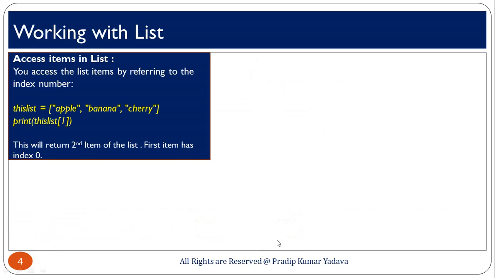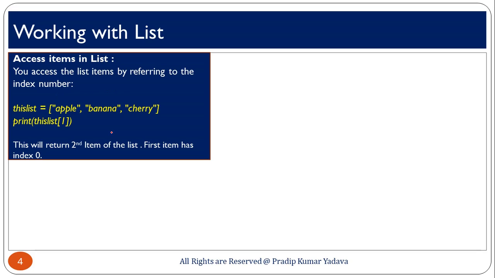Now, first thing, how to access an item in the list. Suppose there is a list and you have to find an item from that list. How can you find it? There is a simple method: by index you can find it. If you are talking about indexing, there are 2 types of indexing in a list, one is positive indexing and one is negative indexing, and in the case of positive, the index always starts from 0.